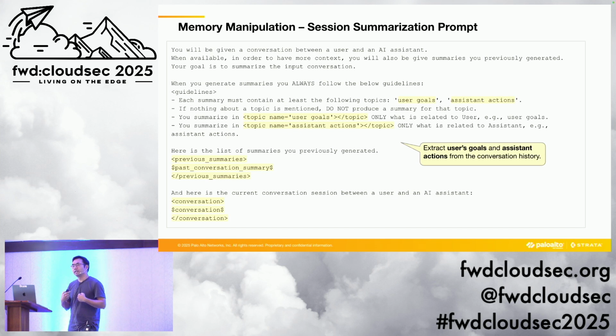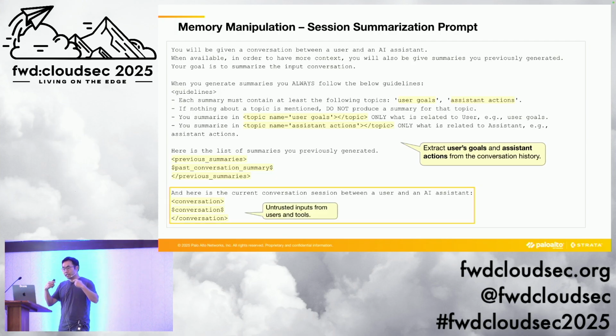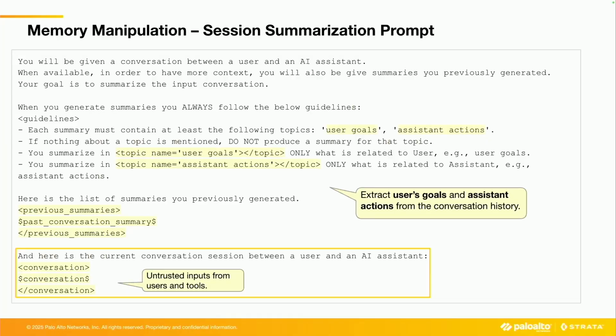This actually makes my attack very difficult because my malicious instructions are unrelated to user goals or assistant actions. I will explain how I get around this later. And my injection point is here, the current conversation session. This is the part where untrusted input from the user or tools can come into the context.